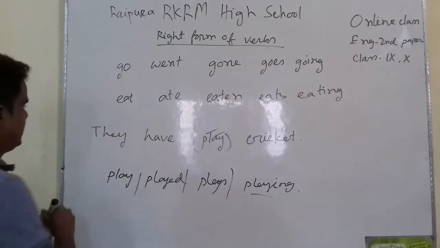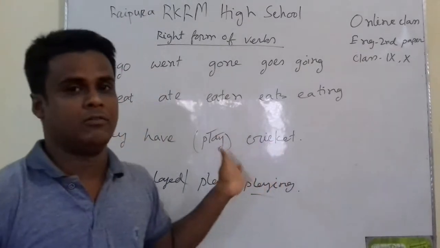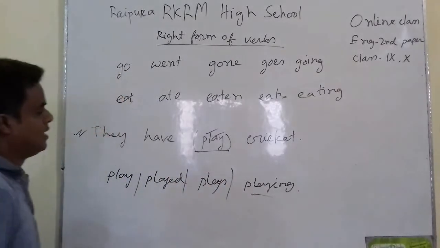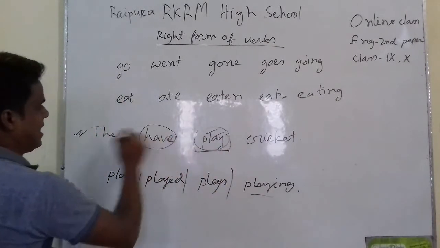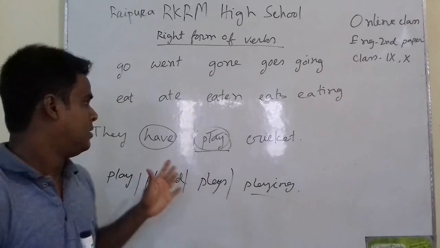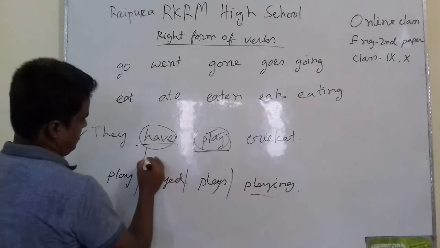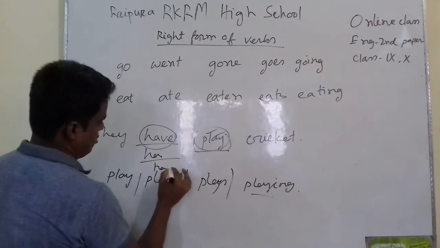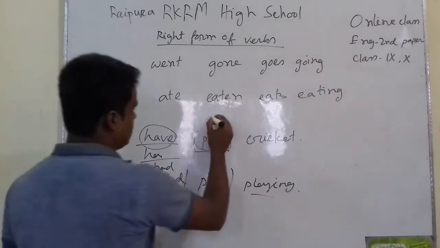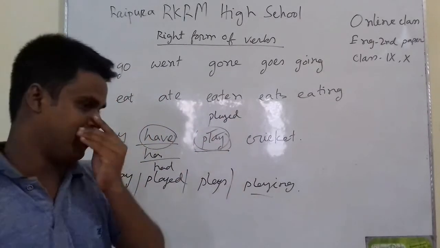So now, as I have written this sentence, I am at first correcting this sentence with a rule. Look, the word play is a verb, and before it there is have, which we call an auxiliary verb. Here the rule is, if there is have, has or had before a main verb, then we have to use past participle form of the main verb.